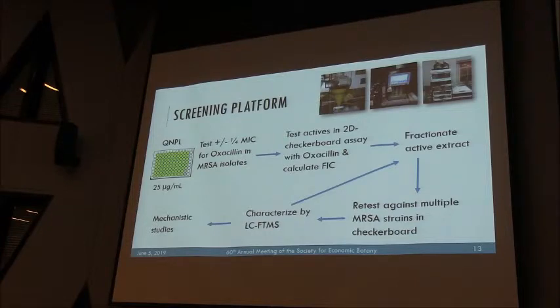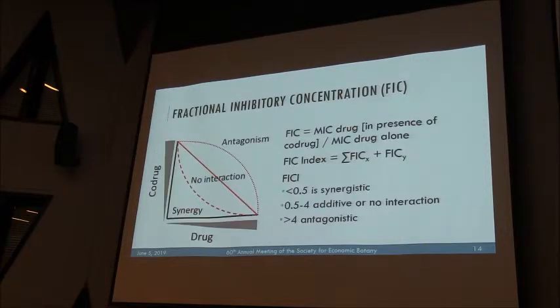It's an iterative process, and through this cyclic process we're looking for things that are synergistic, things that make the antibiotic work again. So if you have drug A and drug B together, neither one might work on their own, but together they really start to work very well. So we're looking for the synergy line in the isobologram.